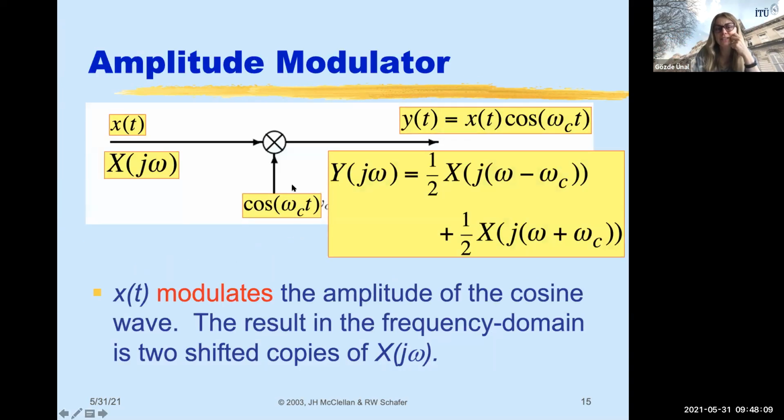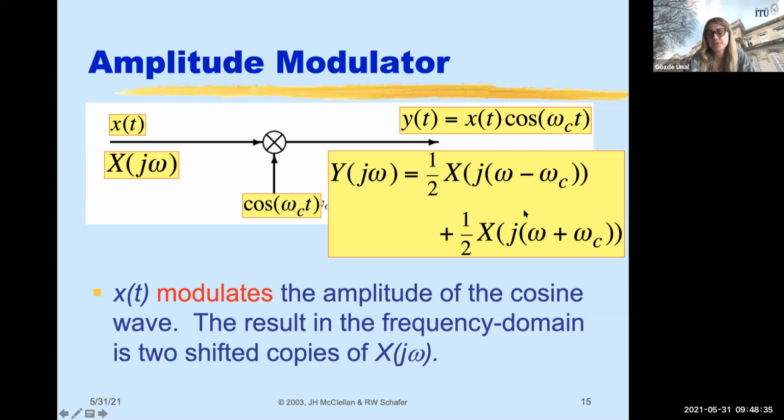Here you see, this is the modulating carrier signal. So x of t modulates the amplitude of the cosine. This is a telecommunication convention, it's fine. So this is the carrier signal. x of t modulates the amplitude of the cosine wave. That's correct. So you see, now we have in the frequency domain two shifted copies of X of j omega.